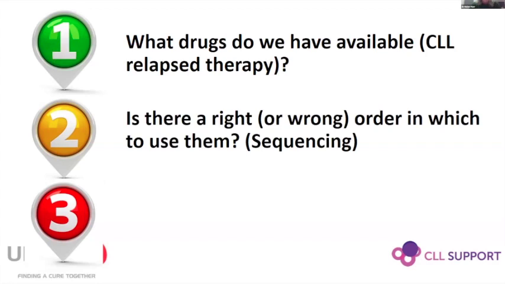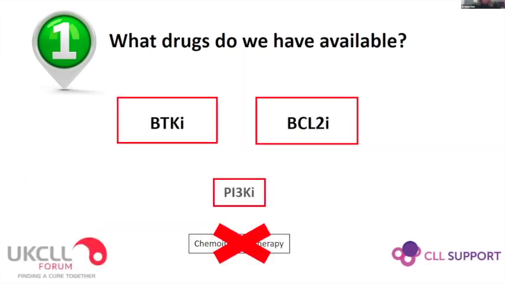And then the old chestnut: is there a right or wrong order in which to use them? How should we be sequencing things? And then a few future possibilities, highlighting a couple of things from ASH in terms of future possible drugs. As we go along, if there are relevant up-to-date new data from ASH, we'll stick those in as well. So first of all, what drugs do we currently have available in the relapsed CLL setting?